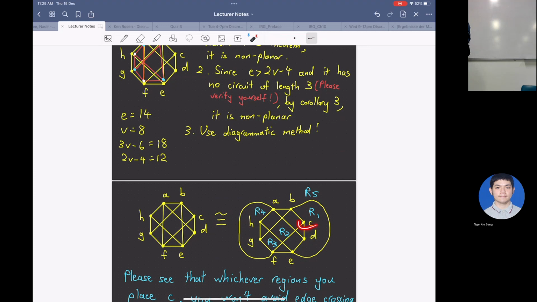One vertex here, how many regions can you put it in? You can put it here, here, here, here, and outside. So there are five regions that you need to discuss. No matter where you put this C, you can't avoid edge crossing.